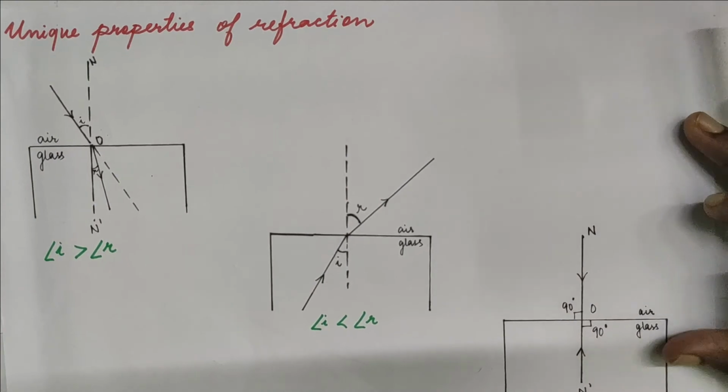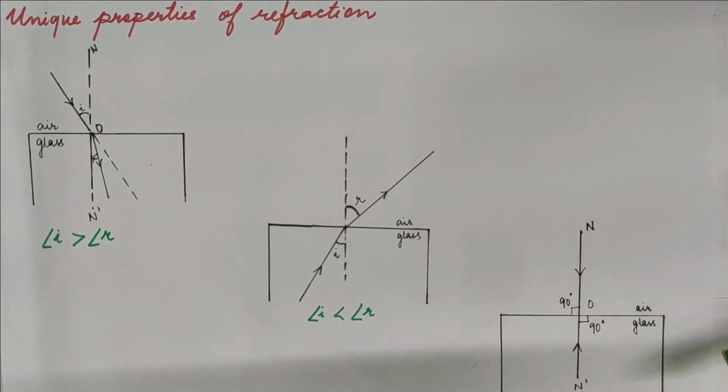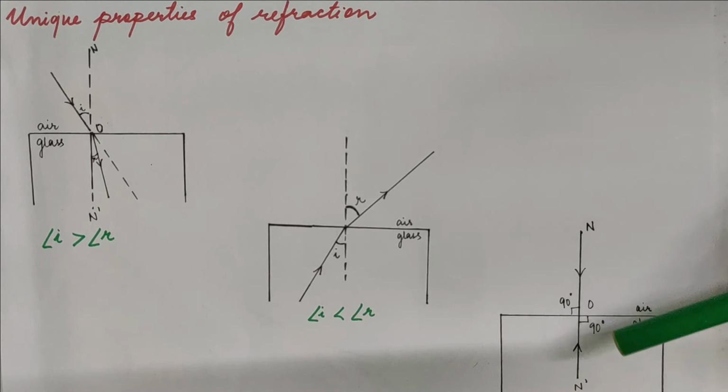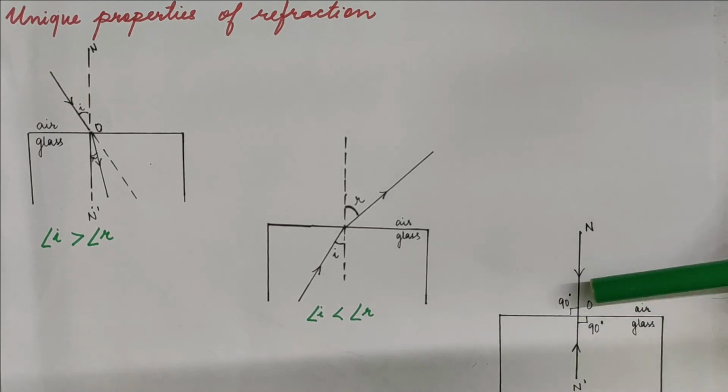And moving to the last case, you can see that the ray of light is traveling along the normal. So the incident ray is coming exactly the same as the normal, which is perpendicular actually, and it does not suffer any refraction. It's just going straight. You can see the arrow, one is going in and one is coming out.